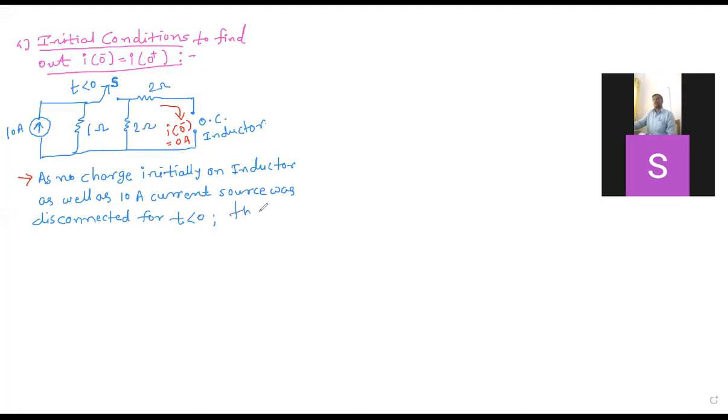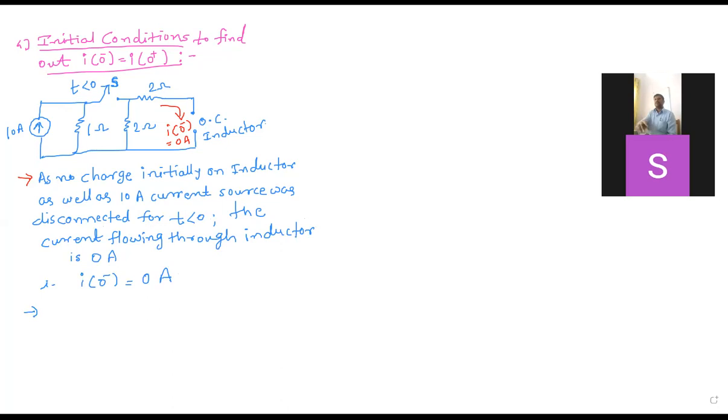That is, there are two conditions: one, there is no charge on the inductor, and second, the 10 ampere current source is disconnected from the inductor. So due to which the current flowing through the inductor is 0 ampere. That is I of 0 minus is equal to 0 ampere.